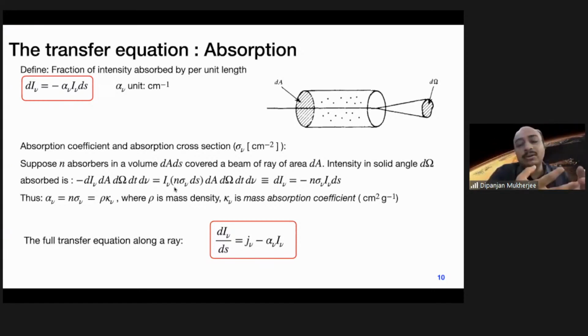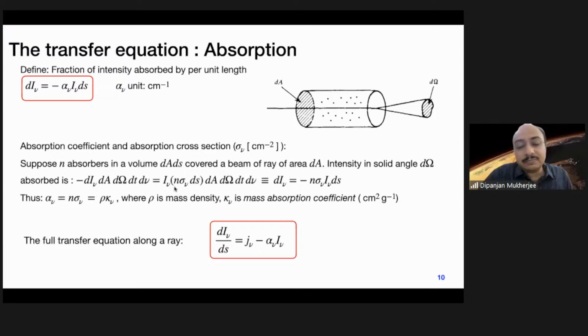So what is the total amount of volume that is covered by these particles, which is opaque to the incoming intensity? So that is n sigma nu times ds. So sigma nu, of course, remember, is a cross section, which is in units of area. And this is multiplied by the ds, which is the path length along which it travels.